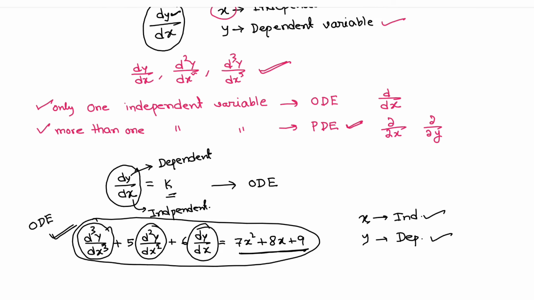Okay. Now, suppose I am writing del 2z/del x2 plus del 2z/del x del y plus del 2z/del y2 equals, let's say, 0.